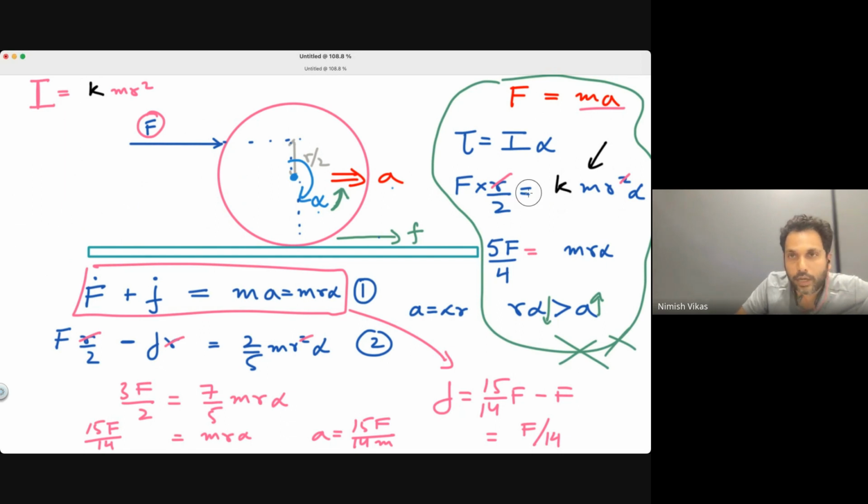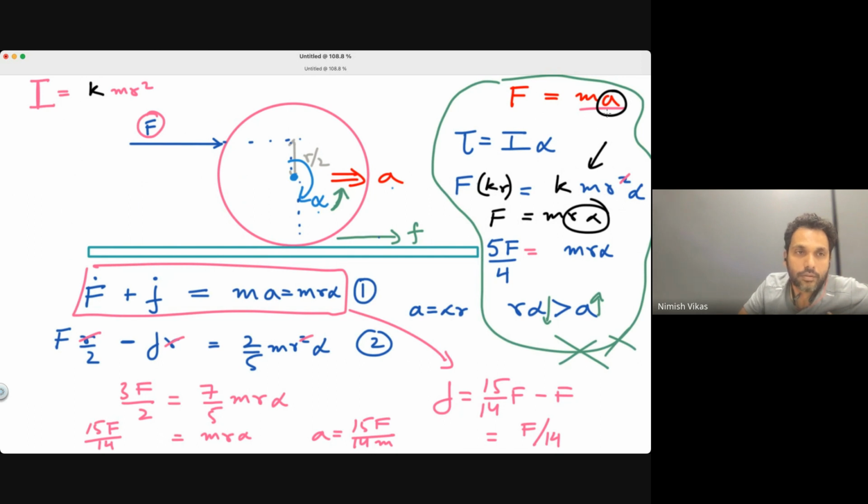The force should have been at a height of kr, like 2 by 5R for a solid sphere, 2 by 3R for a hollow sphere, half R for a cylinder, so that my kr gets cancelled. And what I get is F is equal to mr alpha, and you have no requirement of friction, because R alpha is exactly A. Understood this point?